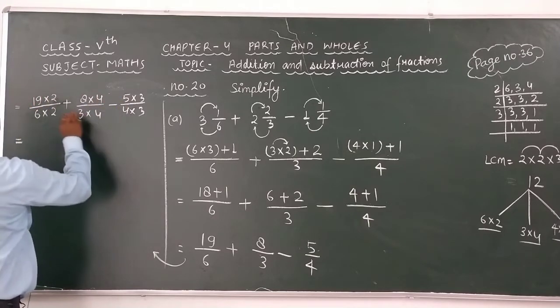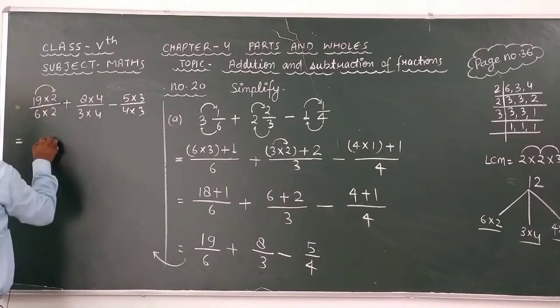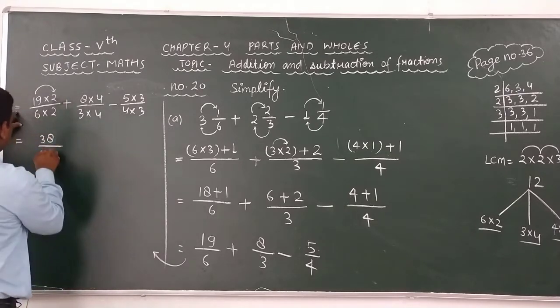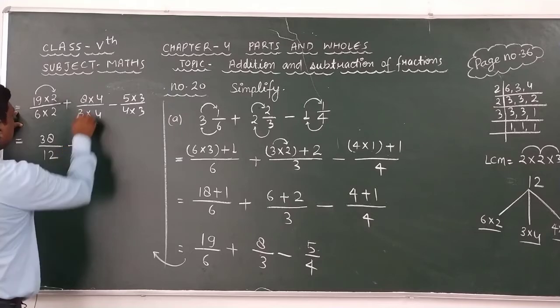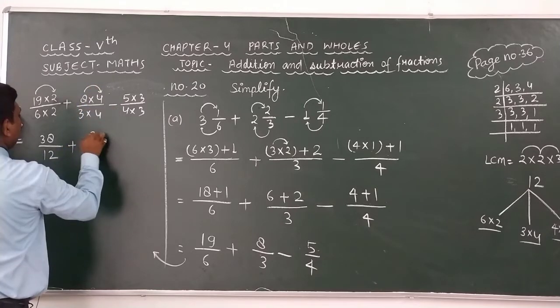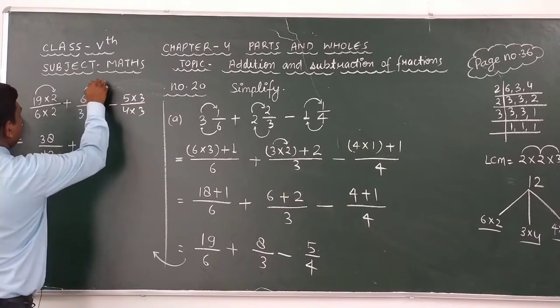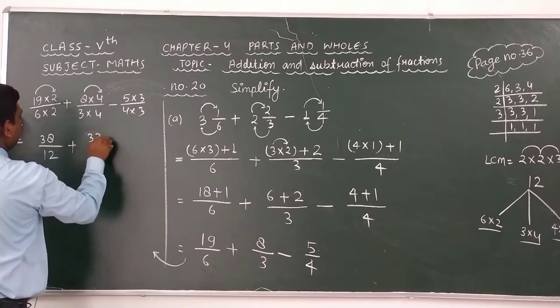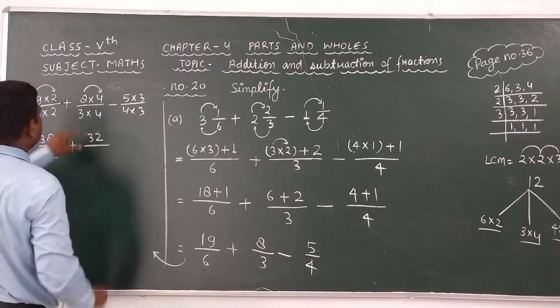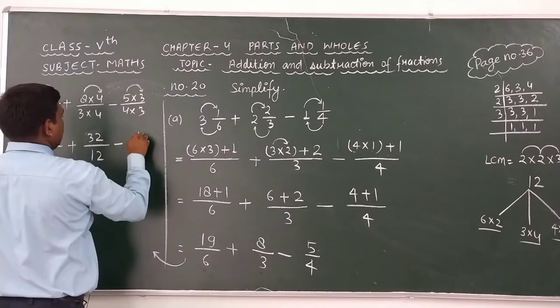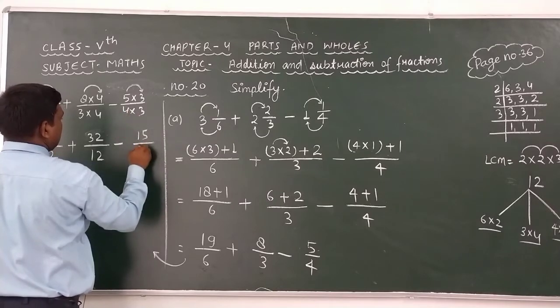Look, after multiplying these we get 19 2 is 38 over 6 2 is 12 plus 8 4 is 32 over 3 4 is 12 minus 5 3 is 15 over 4 3 is 12.